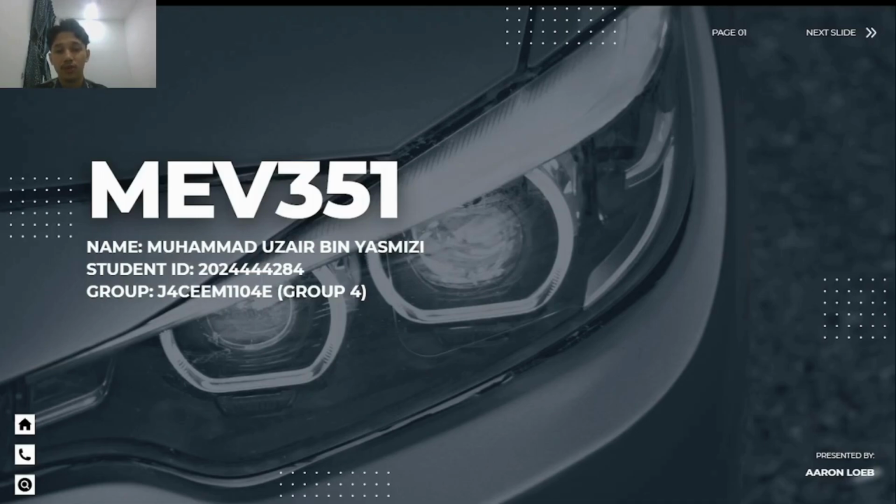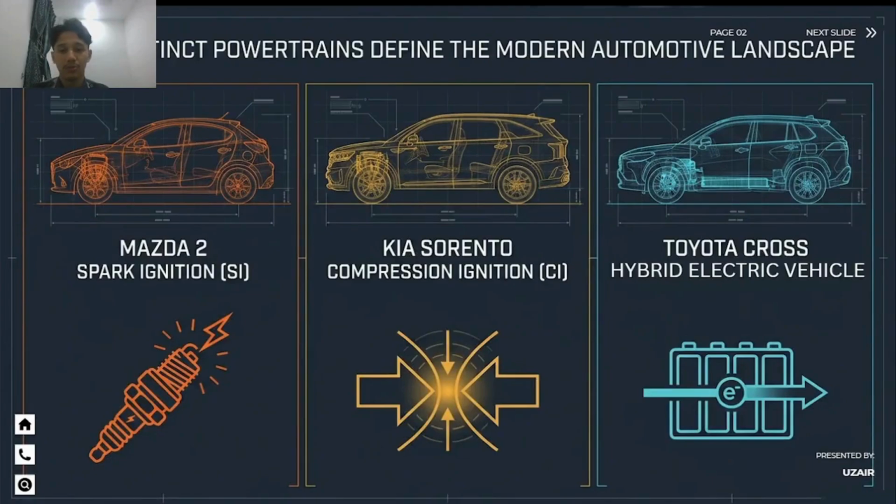By the end of this video, we will look at how each engine works and why it is used in a particular vehicle, and lastly, what it contributes to its performance, effectiveness, and environmental impact. As I said, we will use Mazda 2 for SI engine, Kia Sorento for CI engine, and Toyota Cross for hybrid electric vehicle.